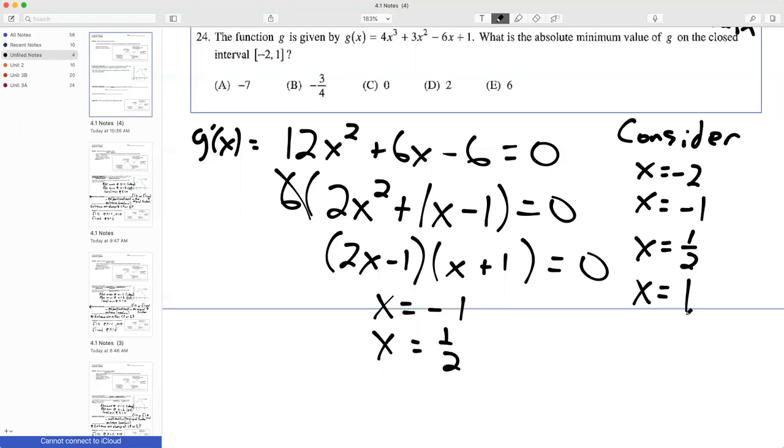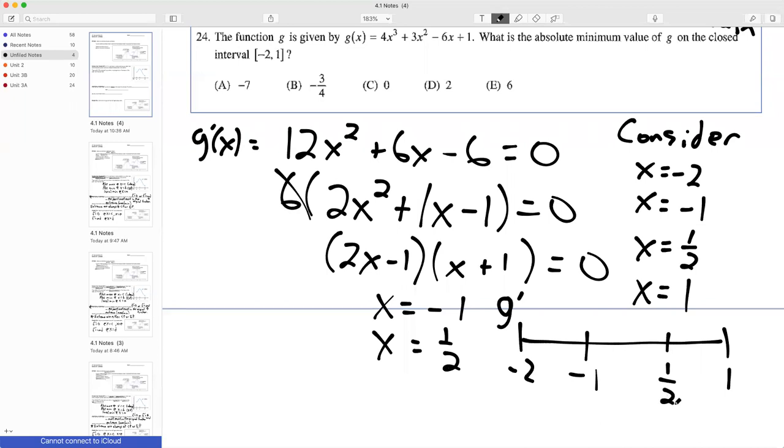And I'm going to do a sign chart on this one because it will help me a little bit. So let me make a sign chart real quickly of the derivative. I've got -2, 1, and then that's -1, and that's 1/2. And so I'm plugging values into the derivative.